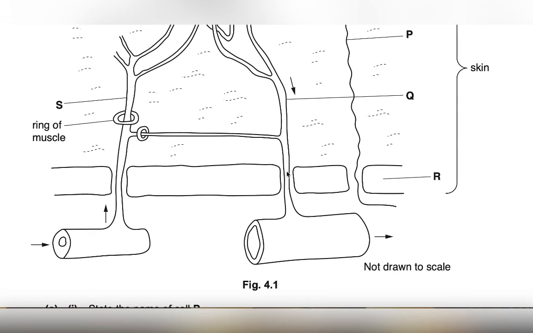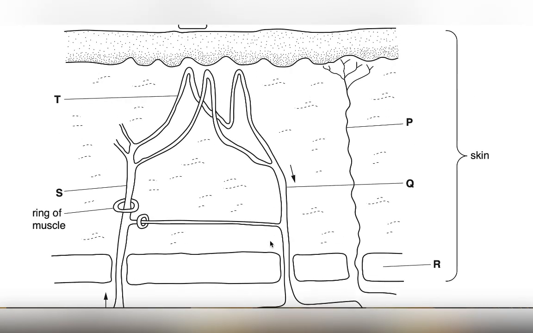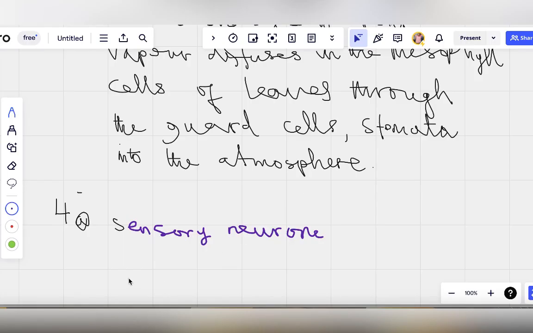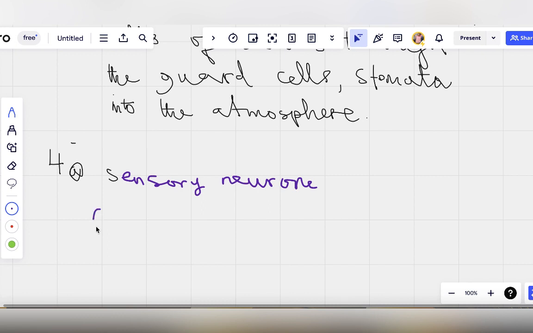So what joins the vein within itself, Q, will be considered venule, a small unit of vein. So we say Q is venule.